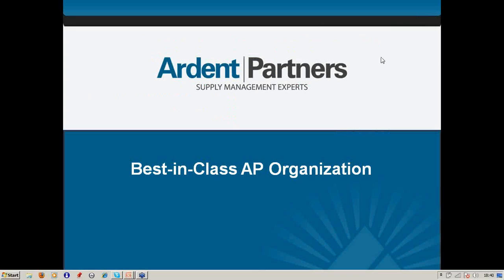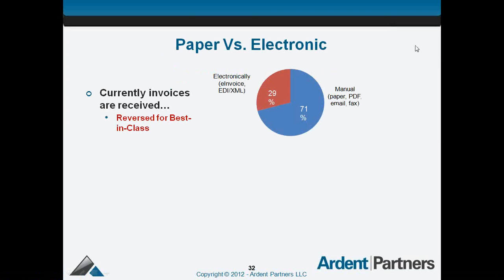So now the second half of our presentation is really to talk about best-in-class companies and what they've been able to achieve and how they're able to achieve that. And before getting into that discussion, I just wanted to spend a second on this piece of data here. What we found in our research is that on average, of those 200 companies that participated, 71% of invoices are being received in manual format.